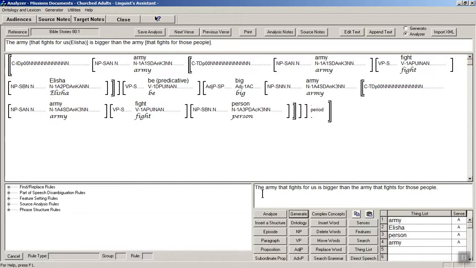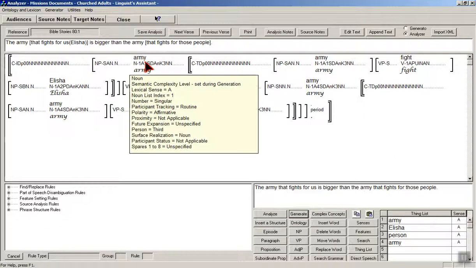And then in the bottom right, now it shows the army that fights for us is bigger than the army that fights for those people. And if there were earlier verses that referred to those people, this might be replaced by them, but in this case it's not. So that's a simple example of how we can build the semantic representation. First the phase 1 that looks like English, and then the phase 2, which is more abstract with these features.